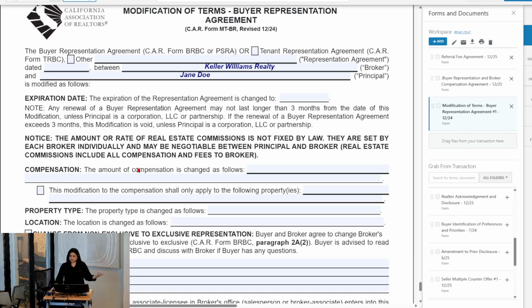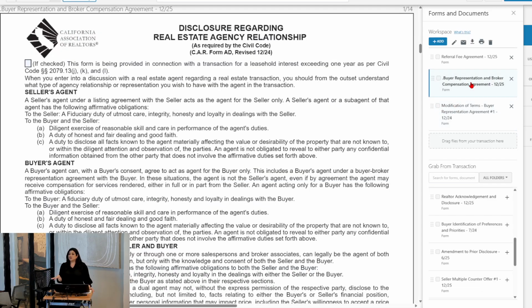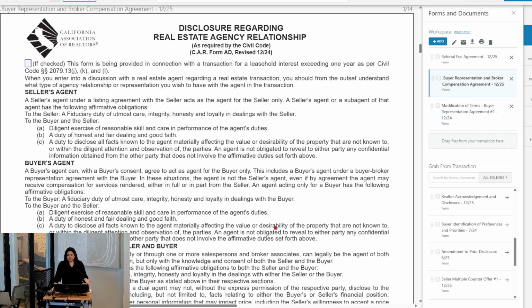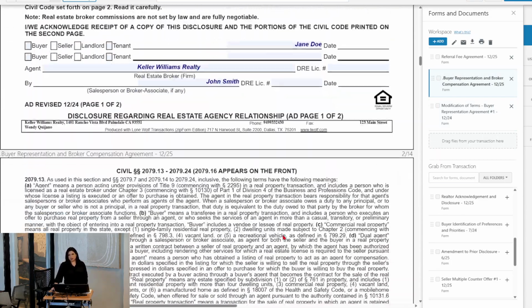If the seller says, well, I can only give you 2, but you didn't address it with the buyer and prepare the buyer, hey, in the event that they cannot pay the full representation, then you're responsible for the remainder. If he says no, I can't pay it, then you would state on your BRBC that they cannot pay compensation.